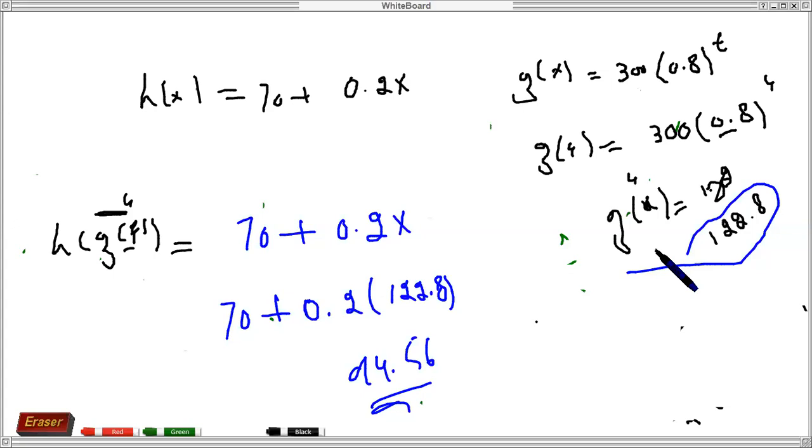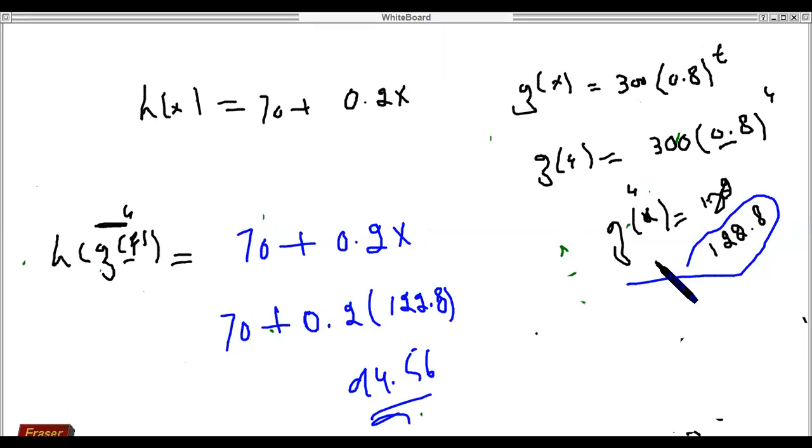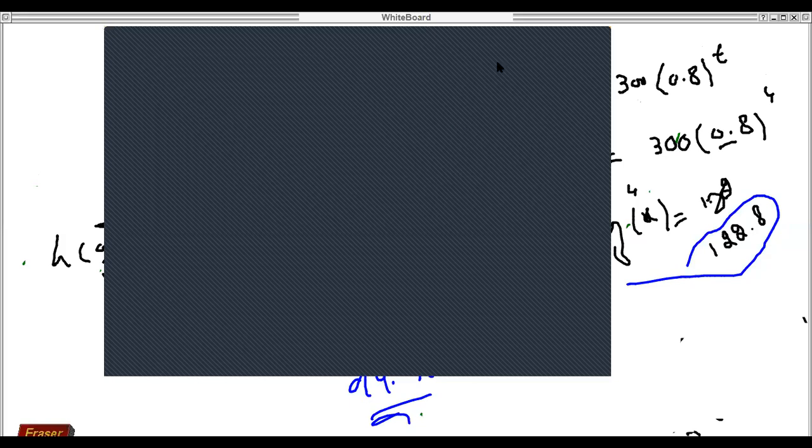Function worksheet 3 and 4. Okay, Abid. 3 and 4, I think. Oh, so it means should I repeat this function?